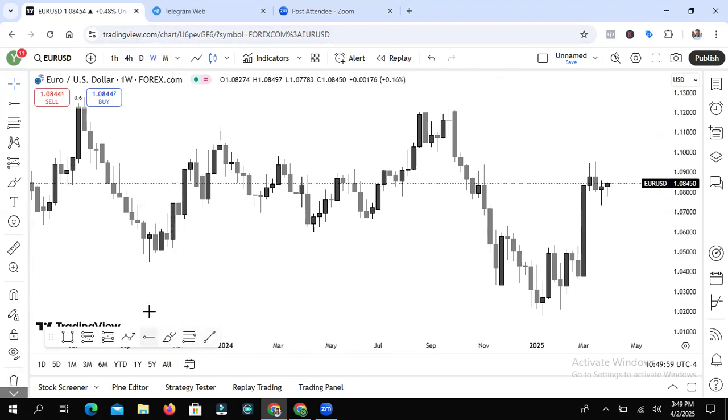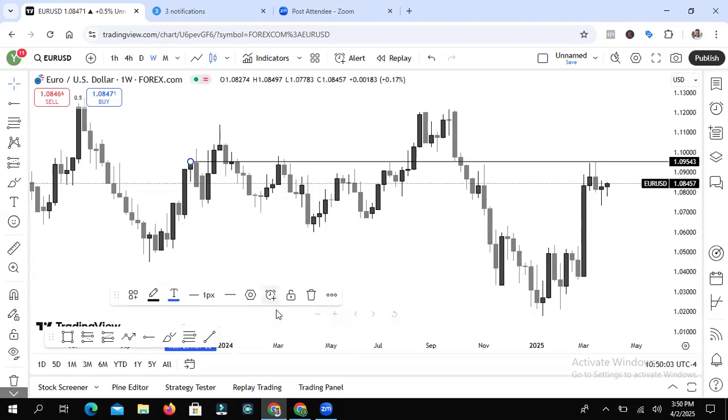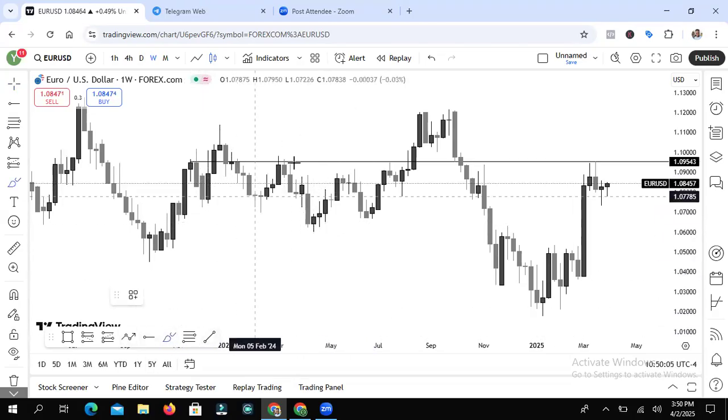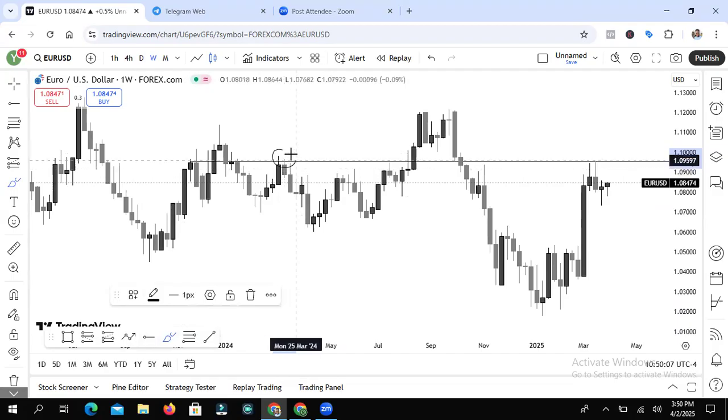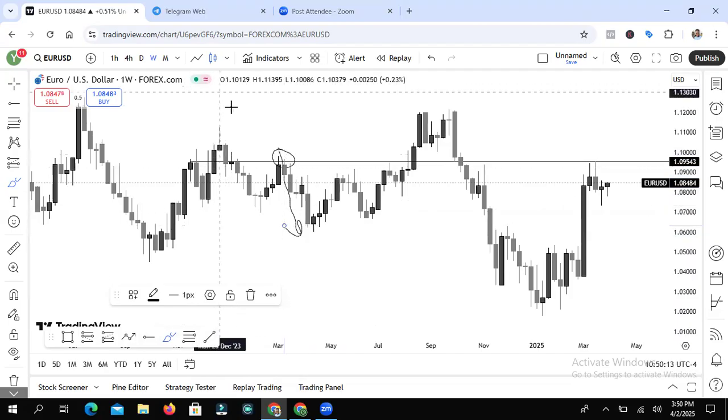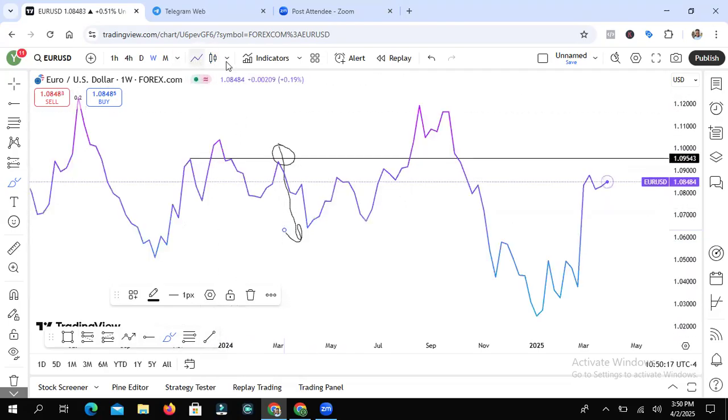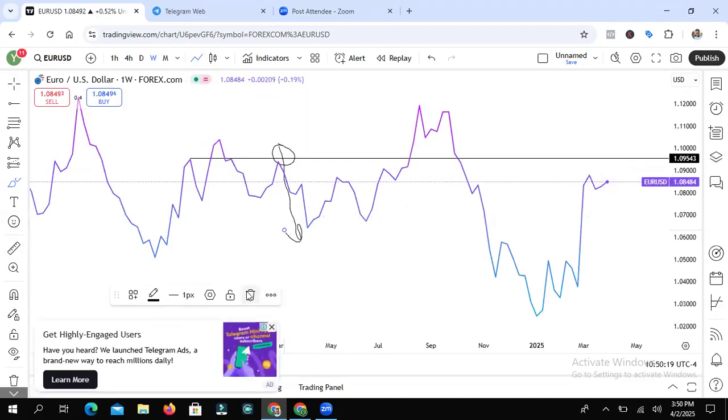This is one here. Look at this rejection. Look at this sell. This entire sell to the downside. Where did it come from? You might not be able to spot it at the moment, but look.